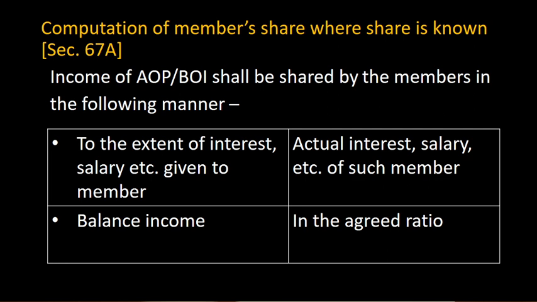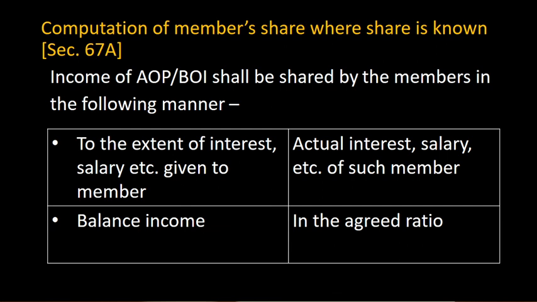First, be careful, listen, concentrate. Whatever salaries we considered till now, salary, interest, remuneration, commission, bonus, you deduct that from AOP's income. Now whatever is left is the balance income.